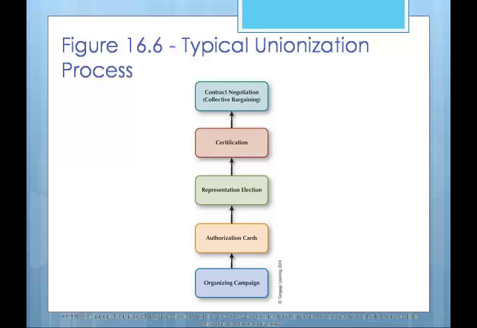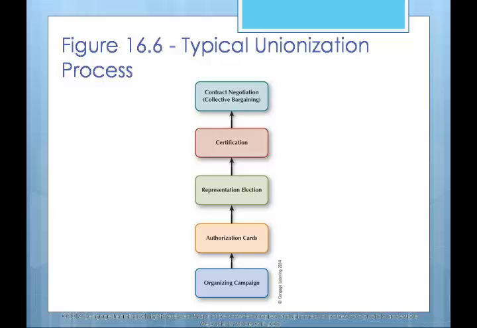So, for example, in my example of McDonald's, the Teamsters would go after everybody in one McDonald's. If they got 30% of the union cards signed, they could request a representation election by the NLRB to be their bargaining unit.